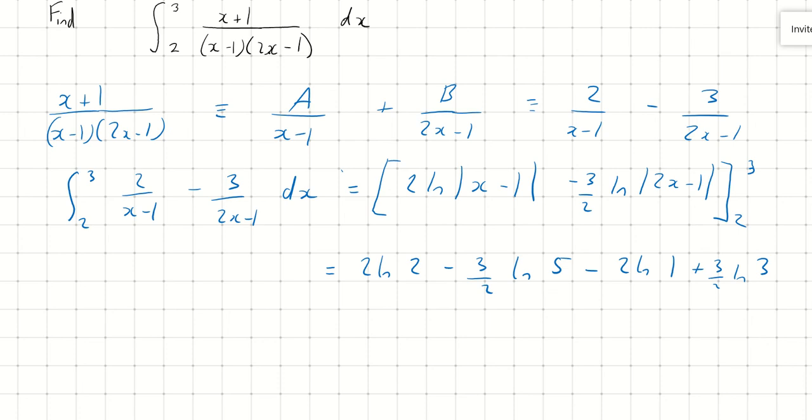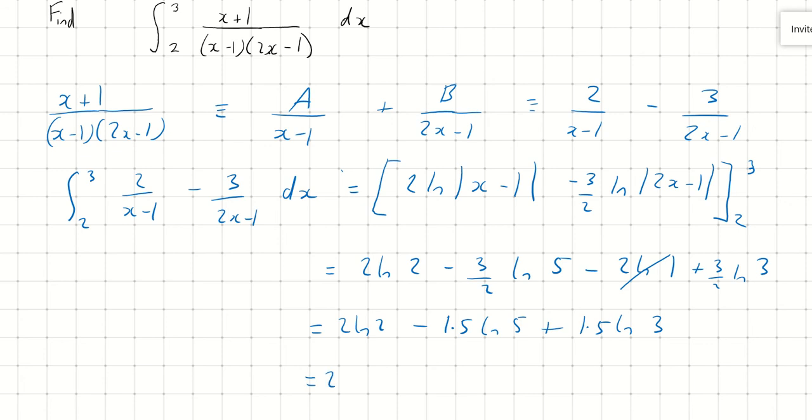Okay, so this simplifies a bit because log of 1 is 0, so we can cancel that out. We get 2 log 2 minus 1.5 log 5 plus 1.5 log 3.